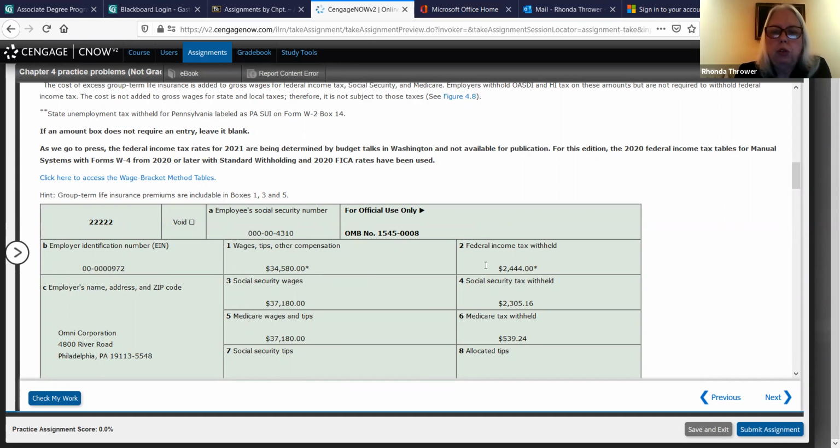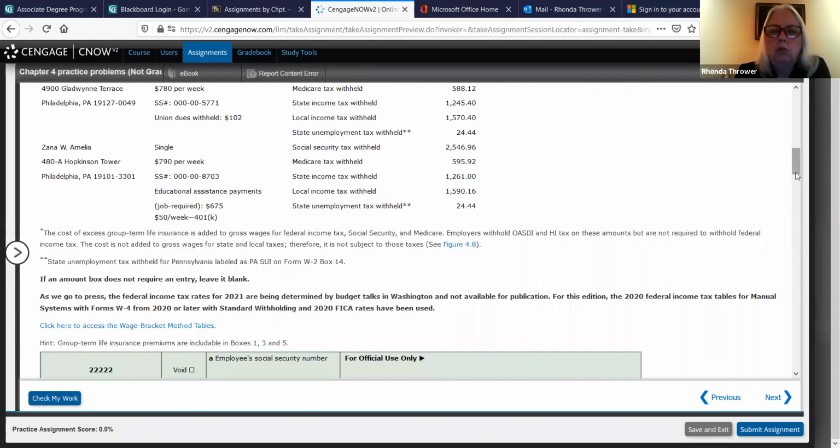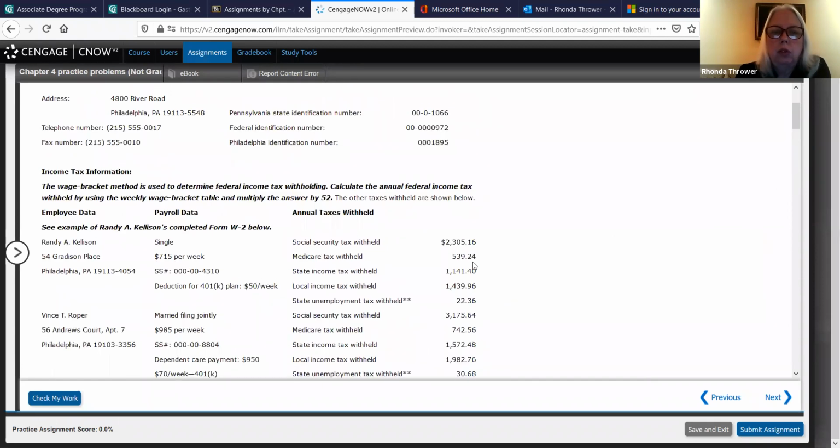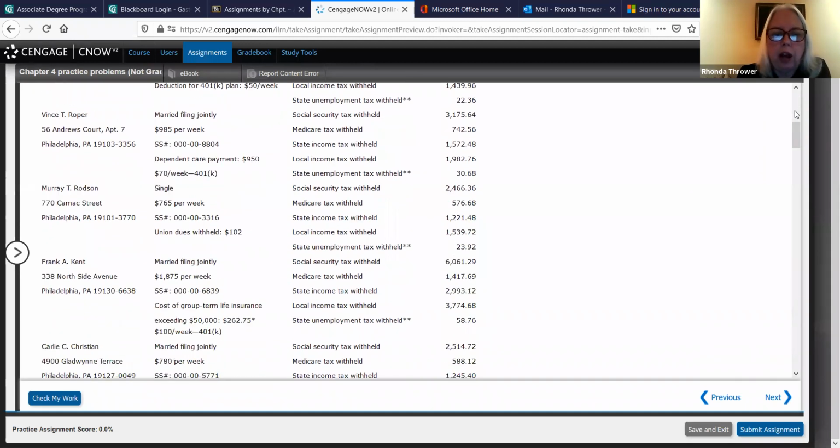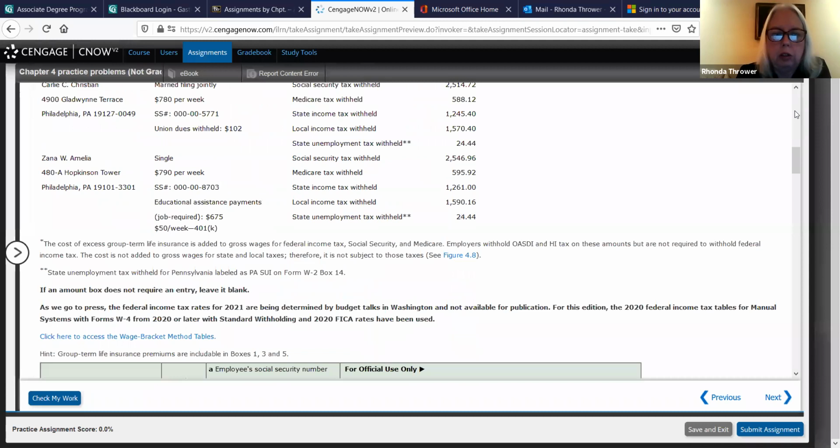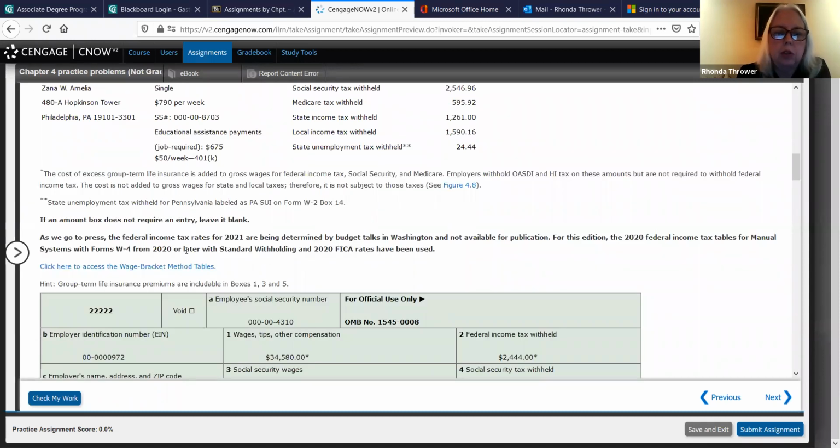In box number 2, they're asking you to compute the federal income tax withheld. So again, you're going to take 715, subtract the $50 that's coming out for the 401k plan. $665 is taxable for the federal income tax.